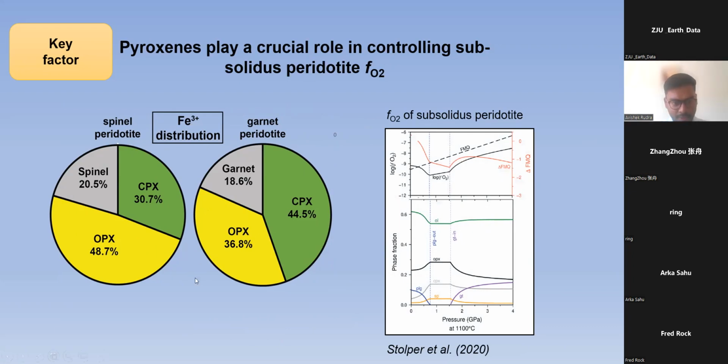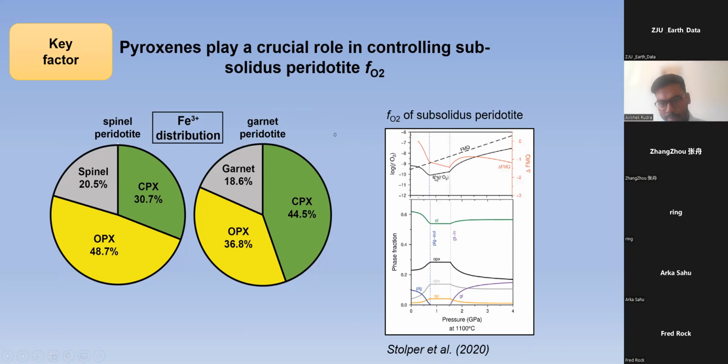For example, this plot on the right is one of the plots from the Stolper et al. 2020 study. It shows that the abundance of OPX and CPX sort of mimics the way the fO2 of the system changes, right?